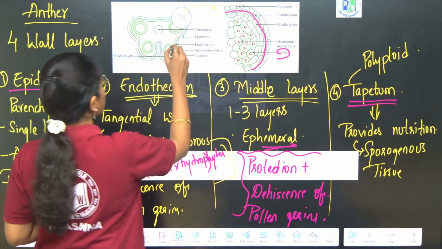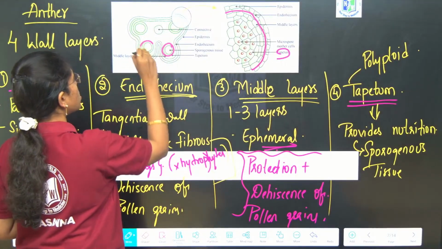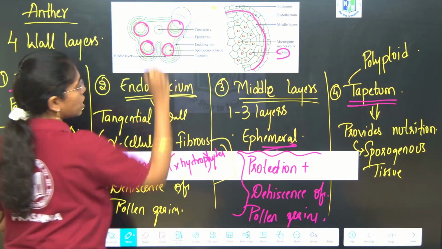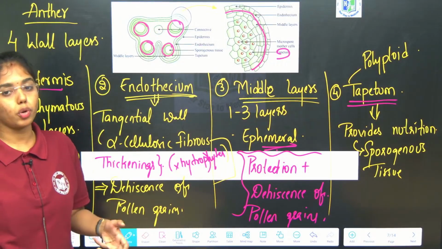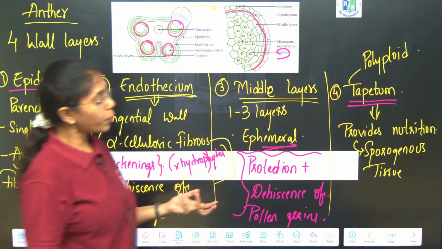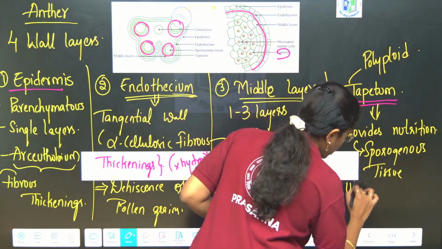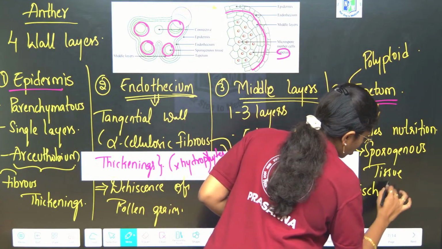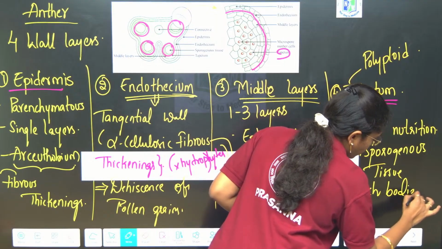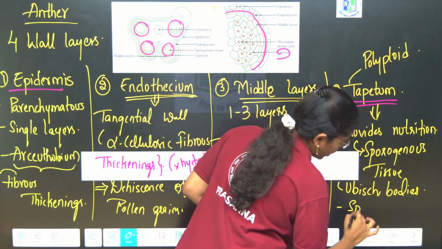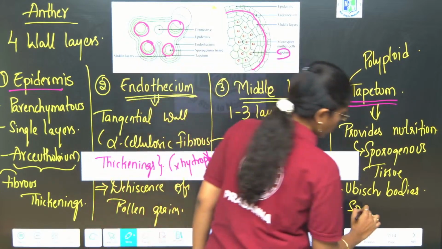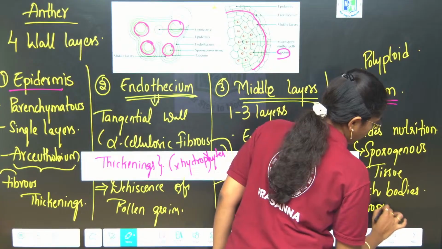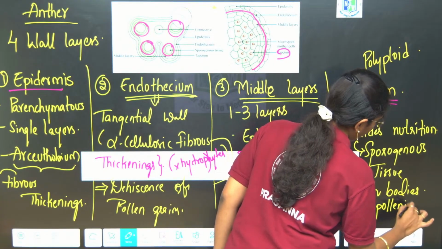The tapetum is the innermost wall layer surrounding the sporogenous tissue, and the main activity it does is providing nourishment to it. It also synthesizes Ubisch bodies and sporopollenin, which is the exine wall layer of the pollen grains.